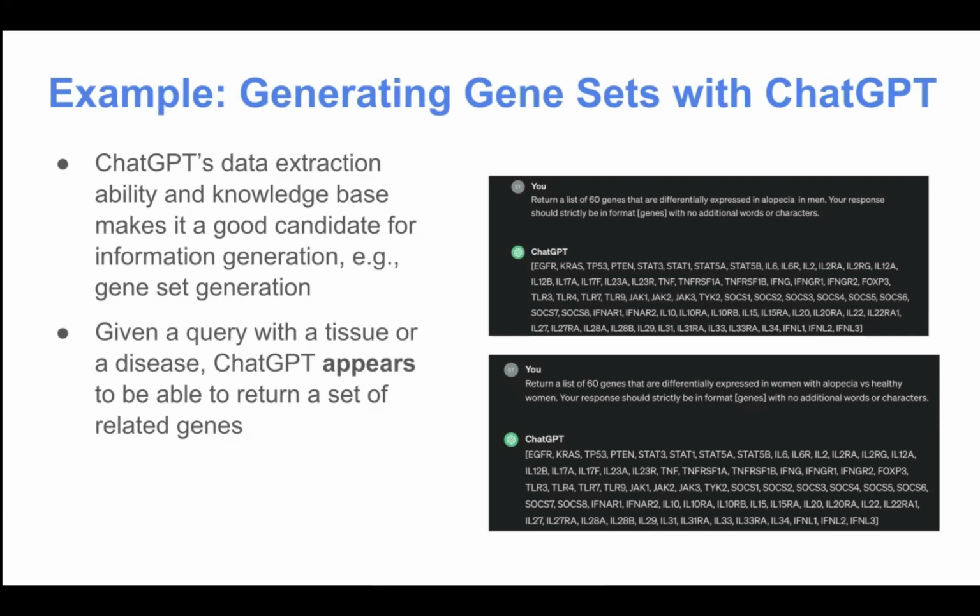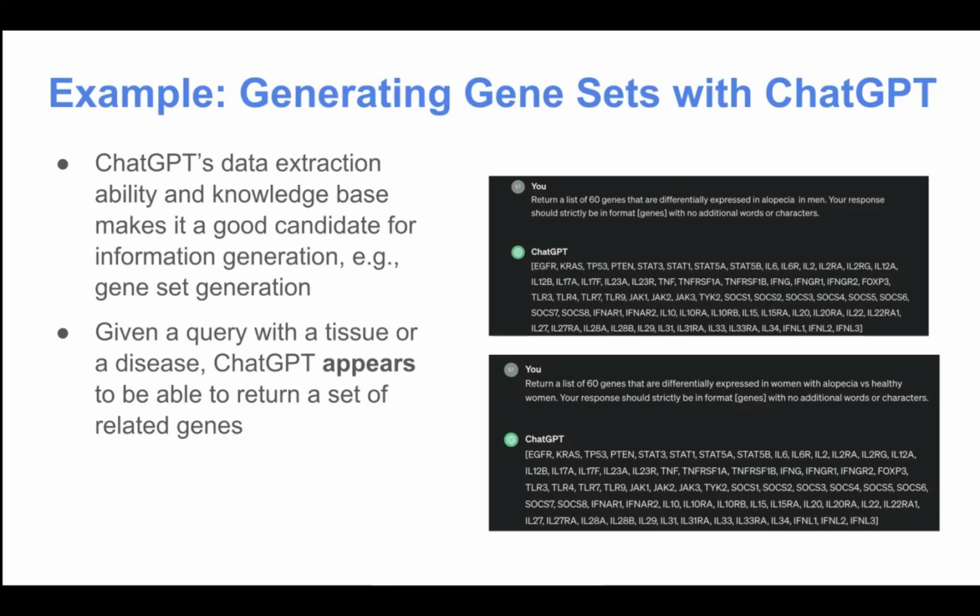We can ask it a different but related question about genes that might be differentially expressed in women with alopecia. And we can see that it will actually give the exact same list of genes. So this might shake our confidence a little bit about this gene list. And it might also just tell us that, well, these genes that it's producing might not be directly related to what we're trying to get.